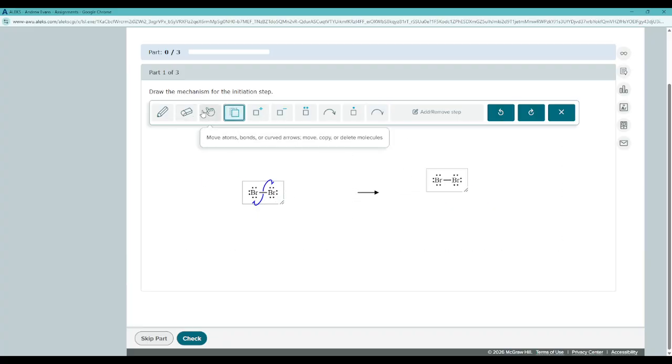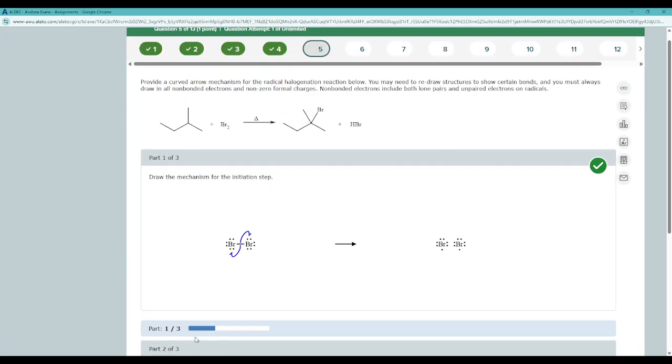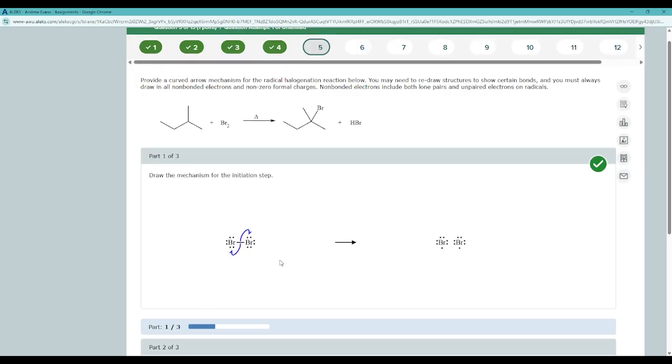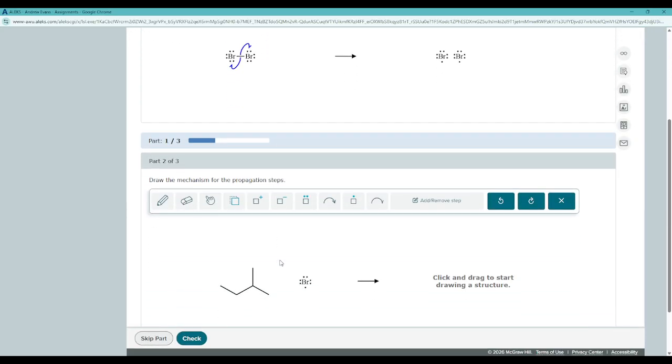I copy this down, delete the bond between them, and add a radical to each. So you will almost always need 2 half-headed arrows.